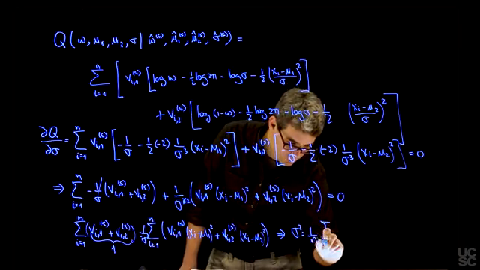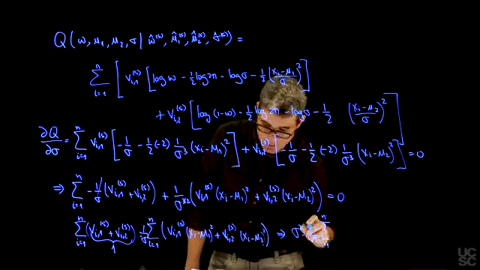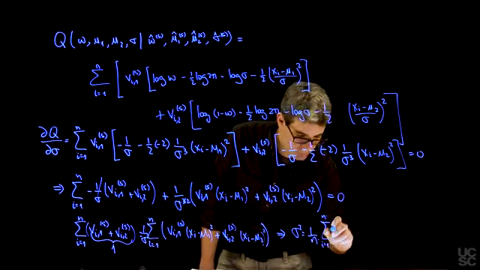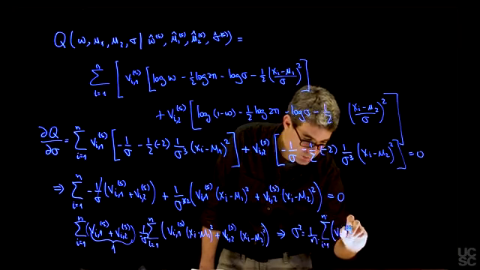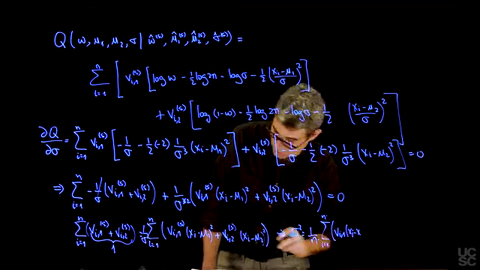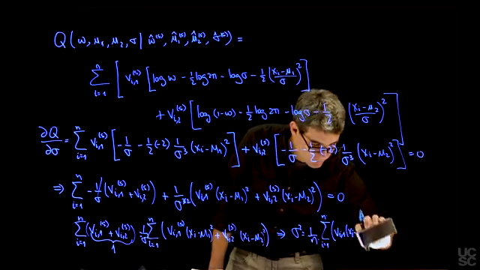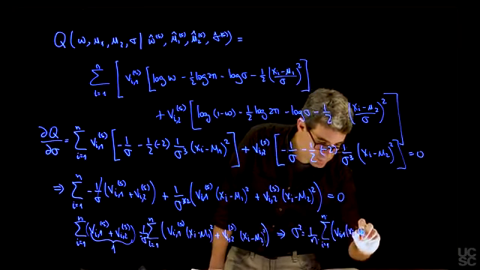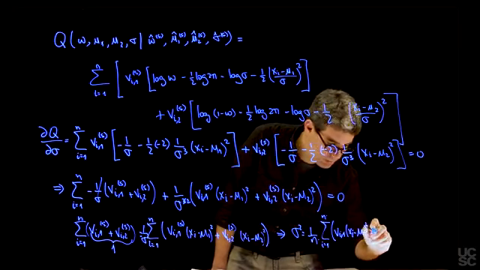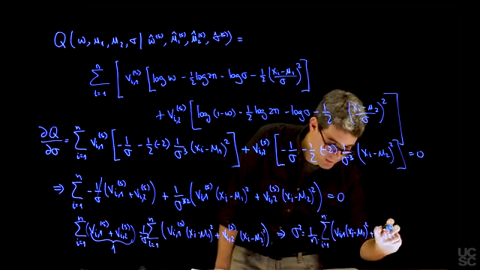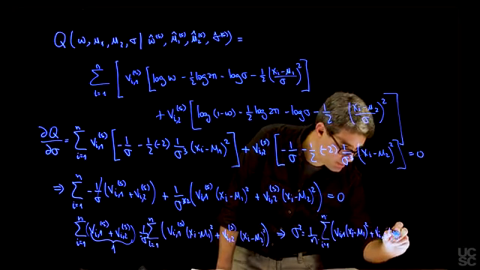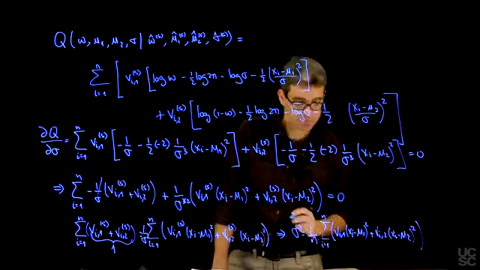So at the end, we get that sigma squared has to be equal to 1 over n times the sum from 1 to n of bi1 times xi minus mu1 squared plus bi2 times xi minus mu2 squared.